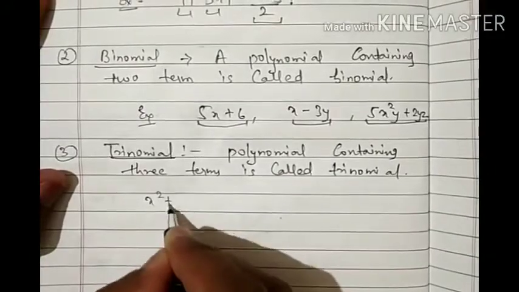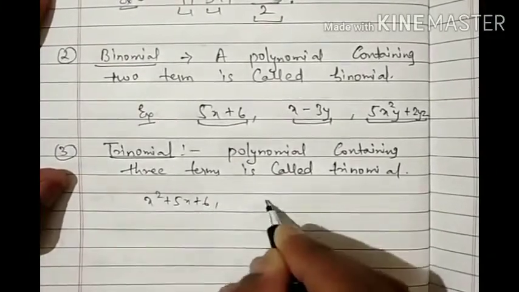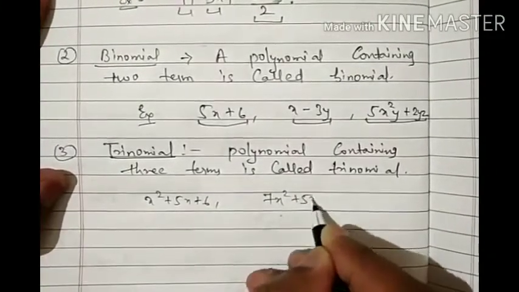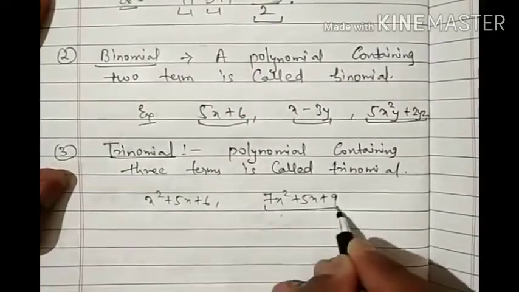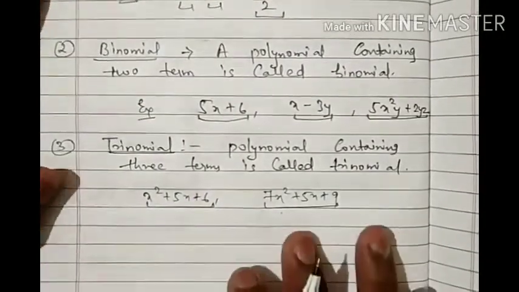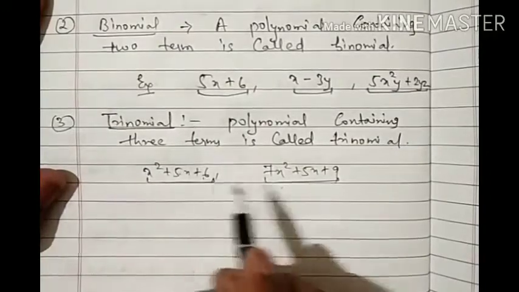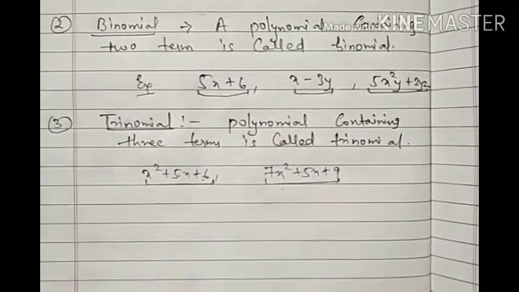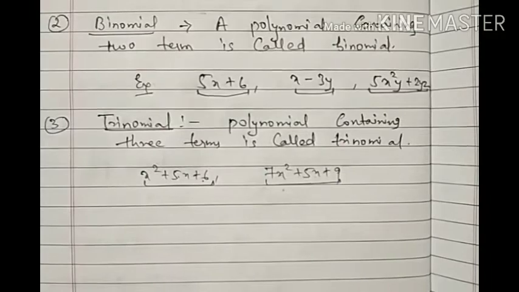Example: x square plus 5x plus 6, 7x square plus 5x plus 9. In each of these expressions we have three terms: first, second, third. So this is an example of a trinomial.